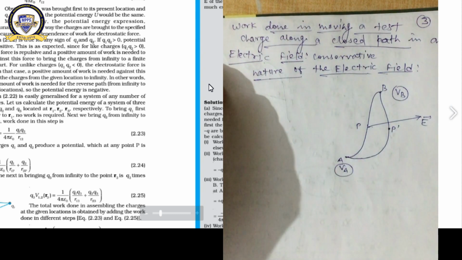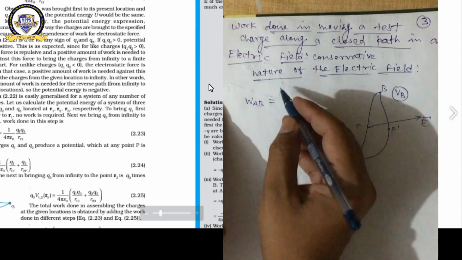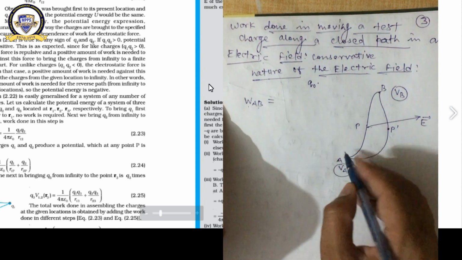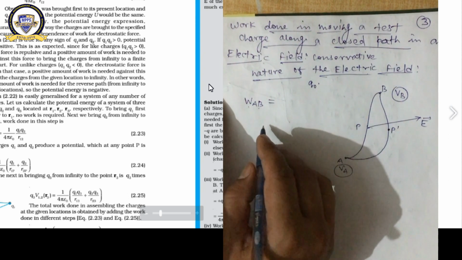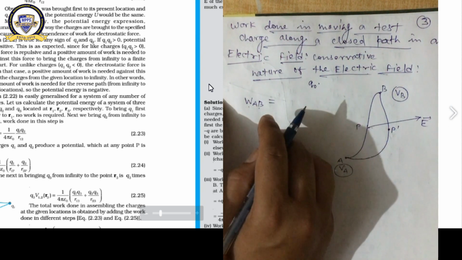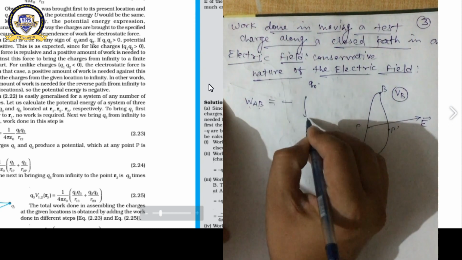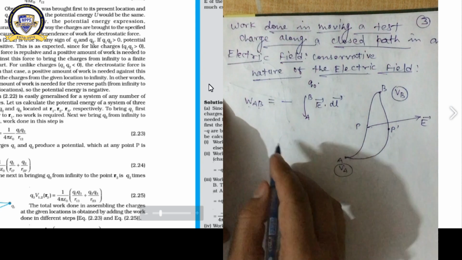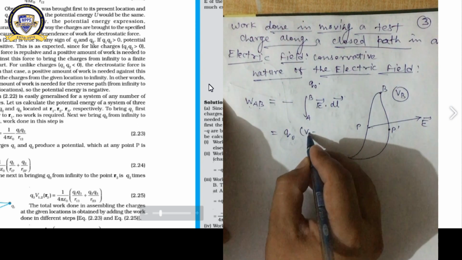Now, if WAB is the work done in moving a test charge Q naught from A to B, then from the relation V is equal to minus the integral from A to B of E dot dl, we can write WAB is equal to minus the integral from A to B of E dot dl, and this can be written as Q naught times VB minus VA.